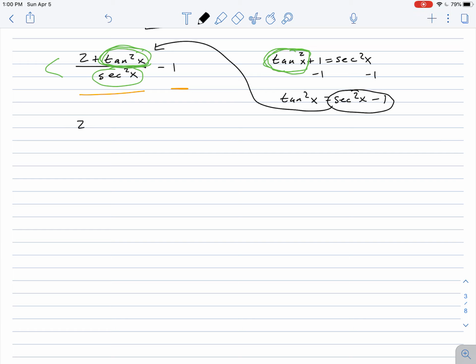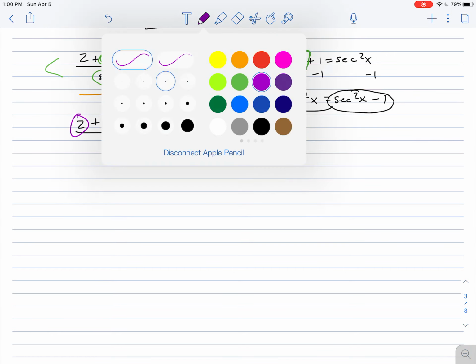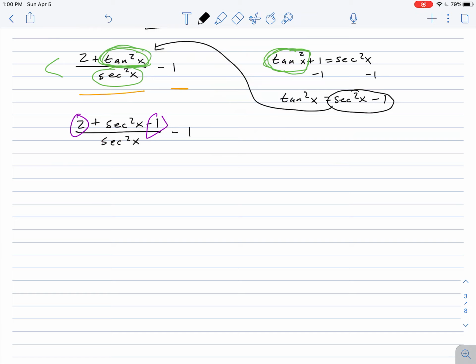So here we go. 2 plus secant squared x minus 1 all over secant squared x minus 1. All right, when I look at my fraction, well, let's see, I've got 2 minus 1 on the top. So I'm going to combine those guys. 2 minus 1 is 1 plus secant squared x over secant squared x minus 1.